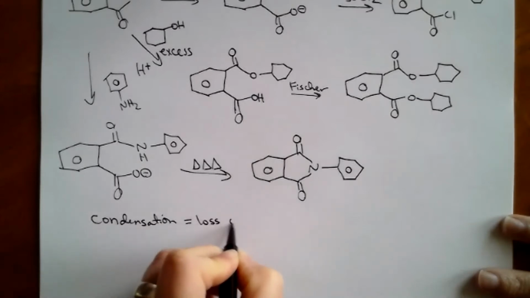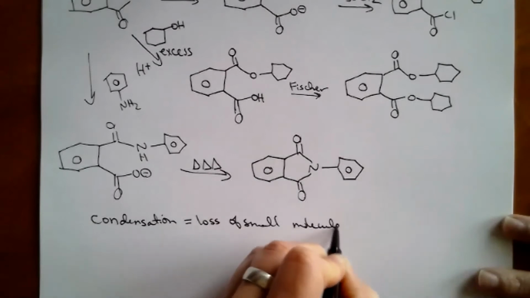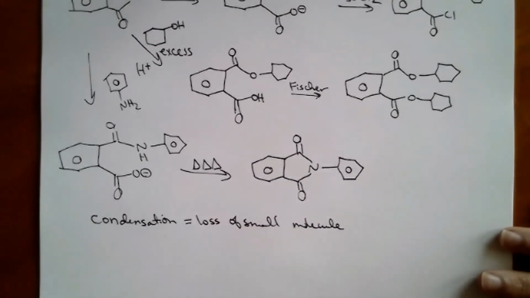Loss of a small molecule. In all of those others, it was HCl that we lost in the acid chlorides. In the anhydrides from the previous slide, it was a condensation. We lost a carboxylate every time.